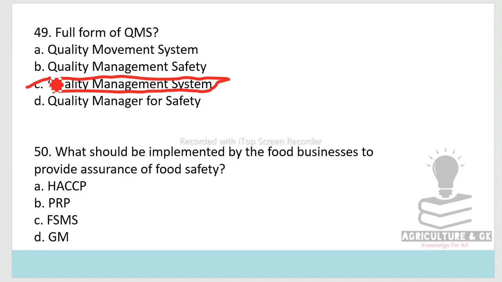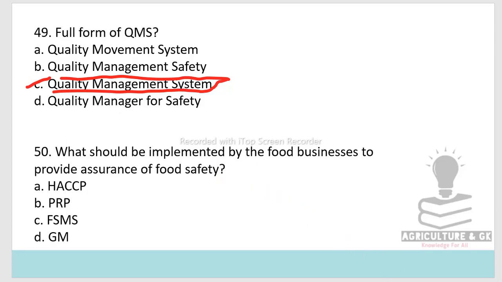So now the last question for today is, what should be implemented by the food businesses to provide assurance of food safety? HACCP, PRP, FSMS, or GM? So which one of these should be implemented by food businesses to provide assurance for food safety?